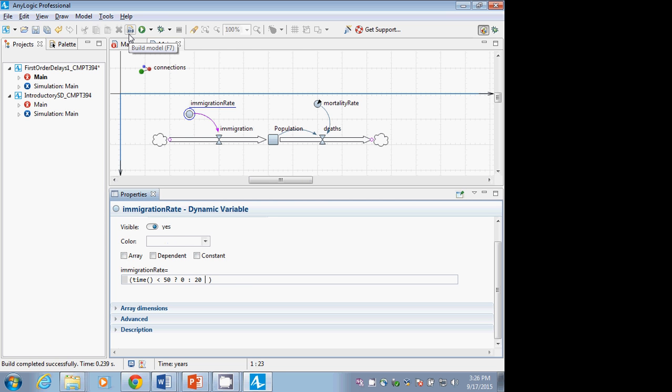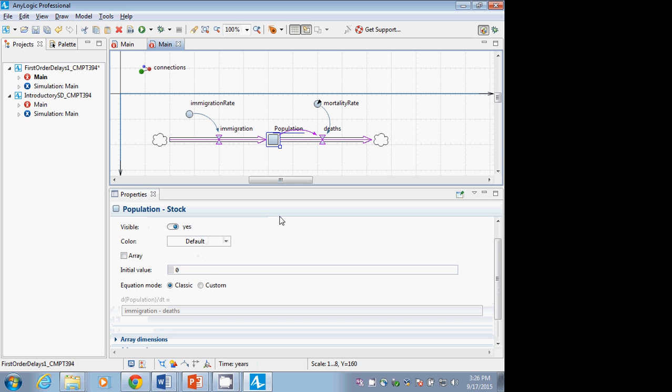Ladies and gentlemen, build early, build often. Great. Okay, now, having done that, and still starting population at 0, I want you to tell me what's going to happen over time, do you think? What's going to happen to population over time?